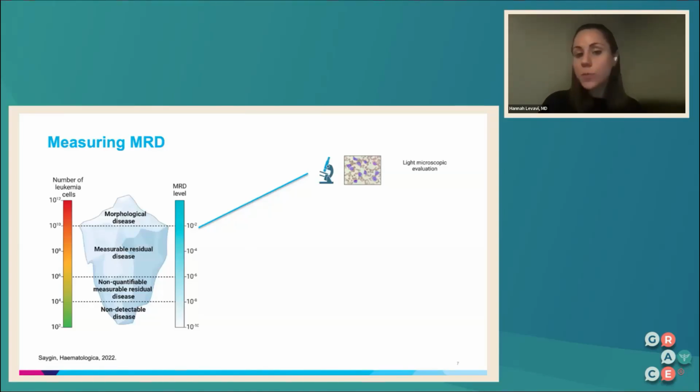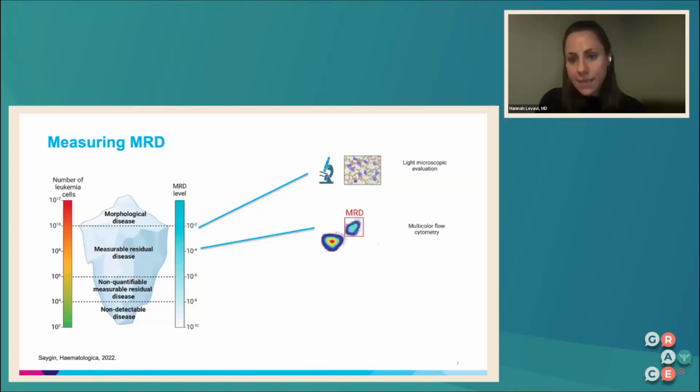So if there's 2% of the bone marrow that still has leukemia, we still call that a remission. But because we're still able to detect that 2% of leukemia cells in their bone marrow when we do that assessment, we call that an MRD positive remission. That's somebody who is in a technical remission by our definitions, but they still have detectable disease using one of these methods.